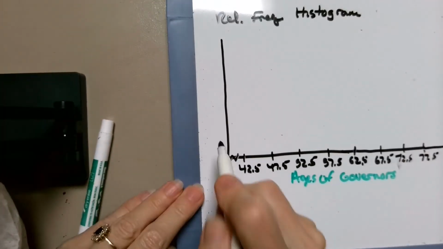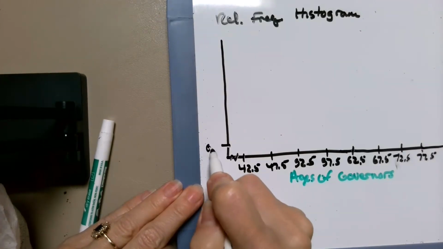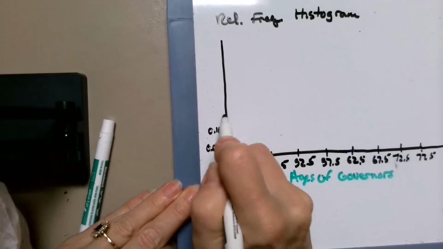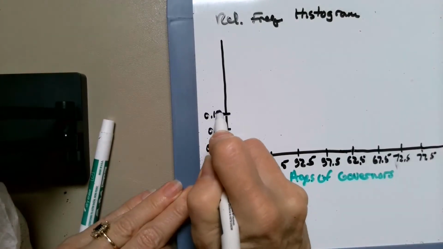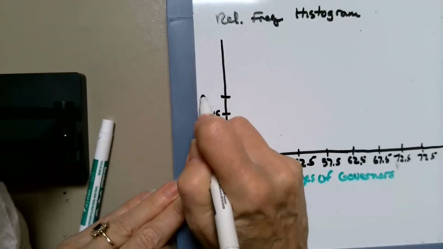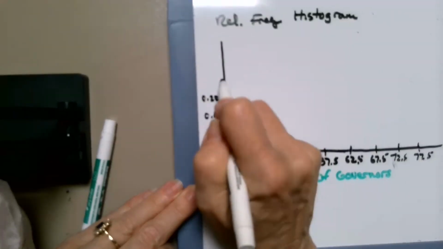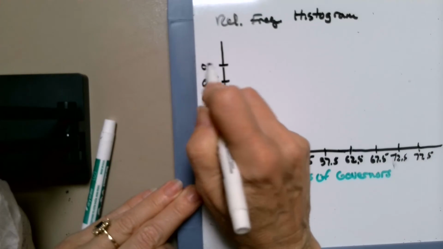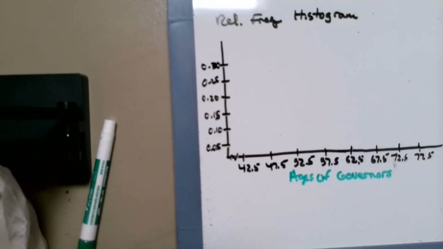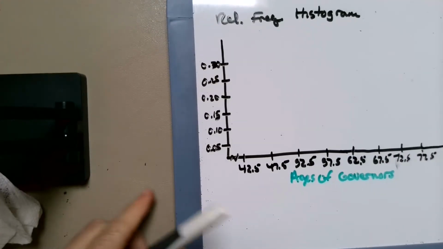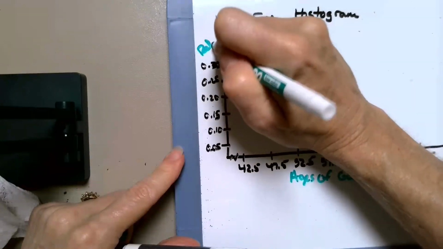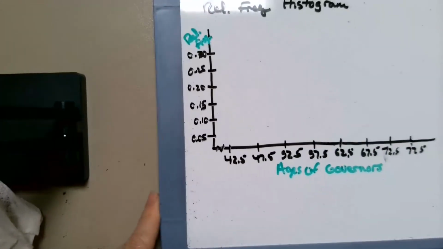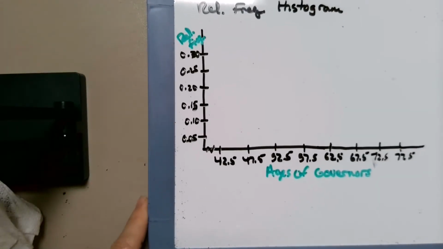And so I'm just going to count over here. 0.05, 0.10, 0.15, 0.20, 0.25, 0.30. And again, you want to label the y-axis, which is relative frequency. And again, all of this is obviously more accurate with graph paper.